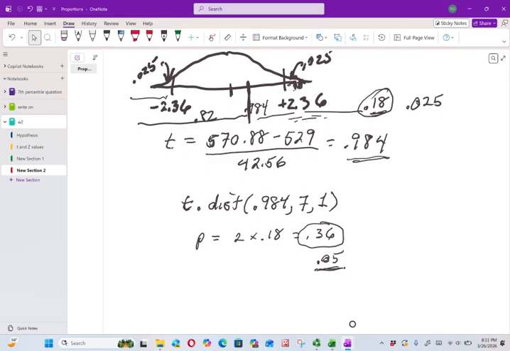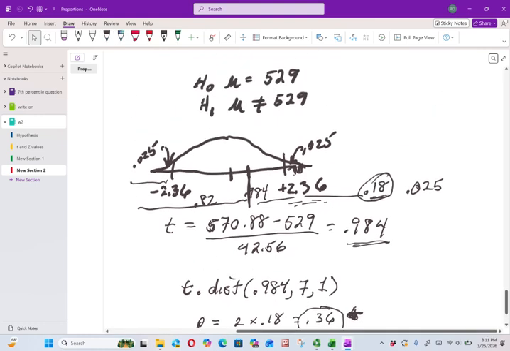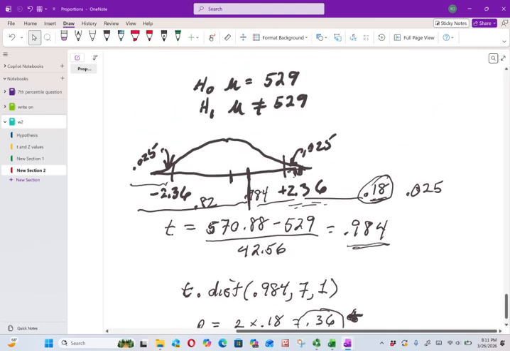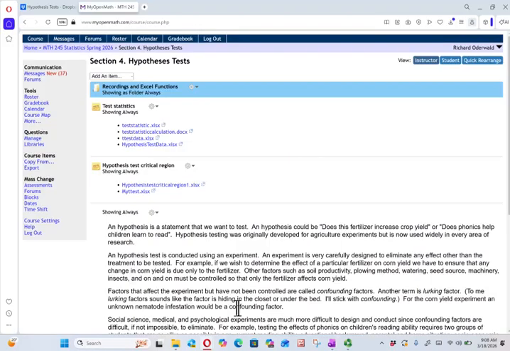But also, if someone asks how close were we to rejection, we compare the 0.36 to the 0.05. We're nowhere near the rejection region. So for this one, we would fail to reject the null hypothesis that the actual average is 529.